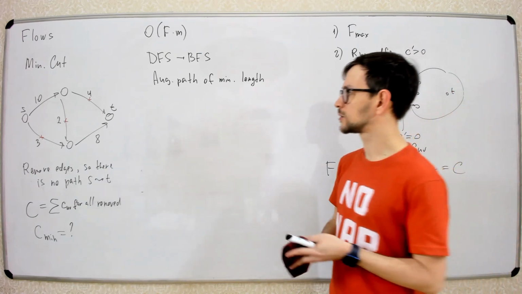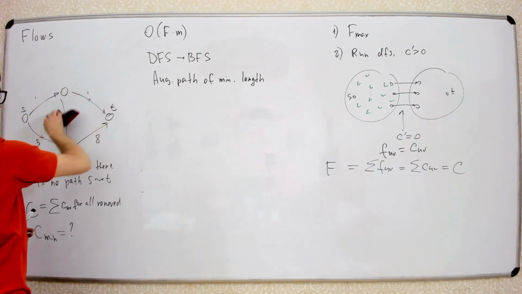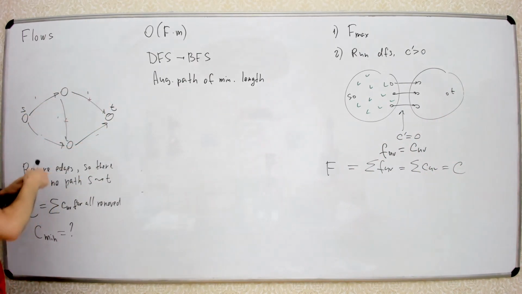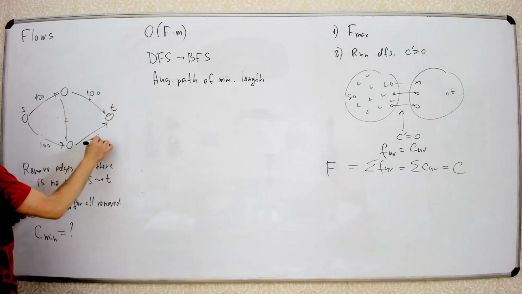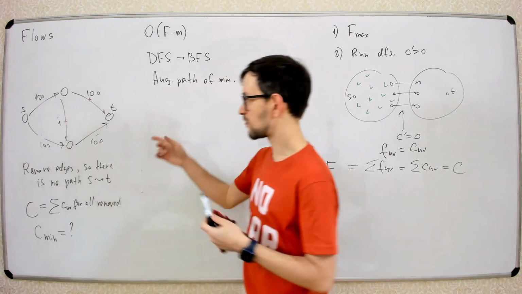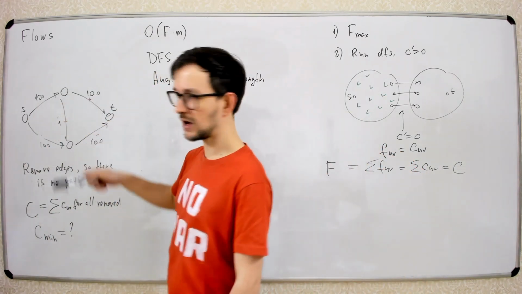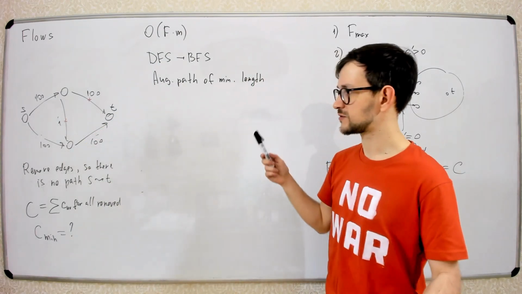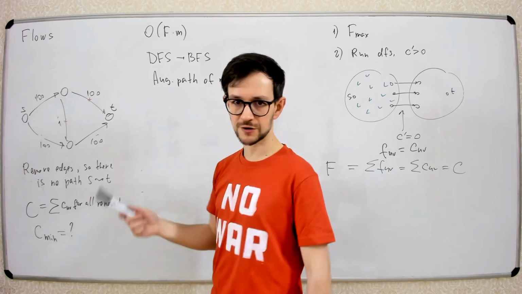Again, if you think about the problem we have in this graph, we have a problem because we always find these paths. And if we replace DFS with BFS, we will not do it, because these paths are not the shortest ones.